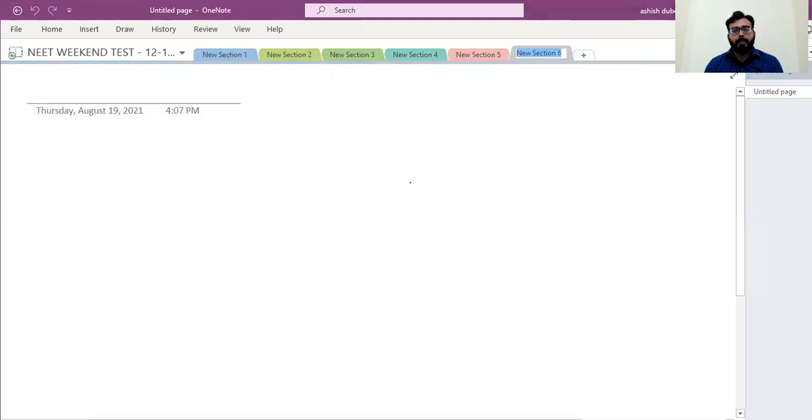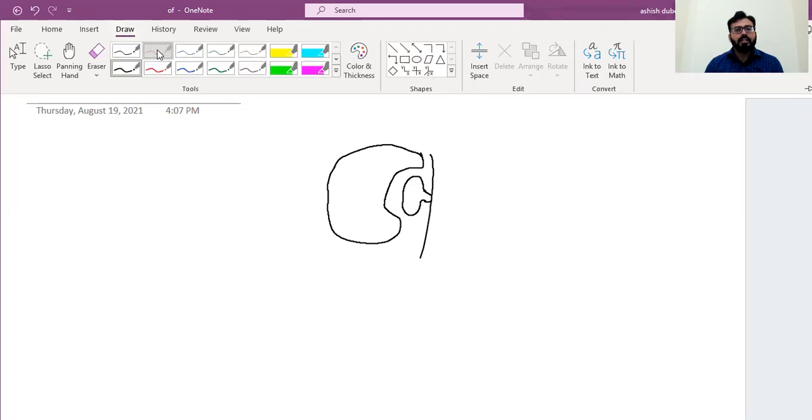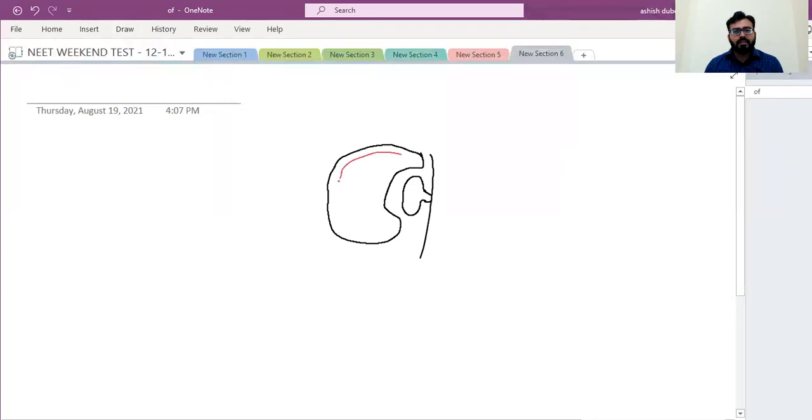See here. If this is the dorsal body wall and these are the kidneys attached to the dorsal body wall, then this is the parietal peritoneum and this is the visceral peritoneum. So the visceral peritoneum is inner to the parietal peritoneum.